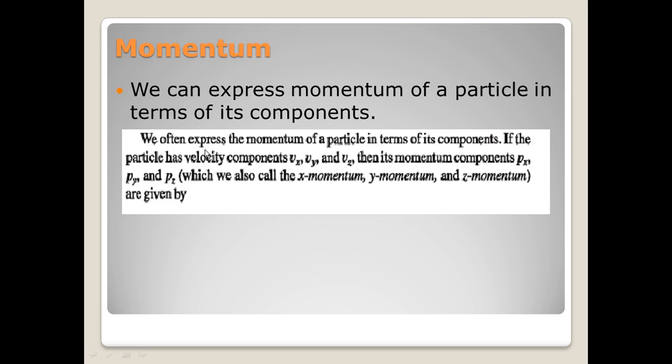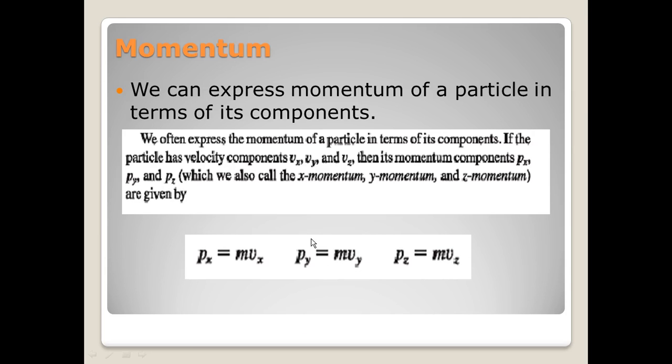So we often express momentum of a particle in terms of its components. If the particle has velocity components v sub x, v sub y, v sub z, then its momentum components are p sub x, p sub y, and p sub z, where p sub x is m v sub x, p sub y is equal to m v sub y, and p sub z is equal to m v sub z.